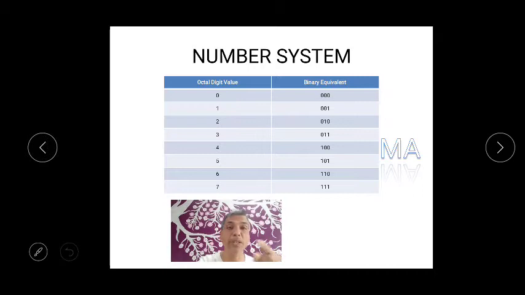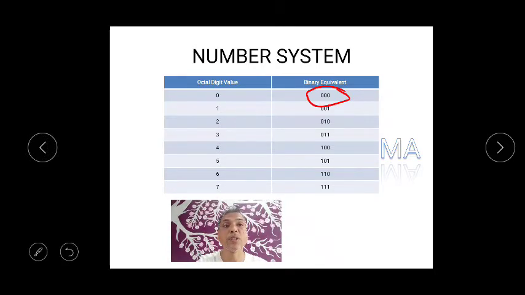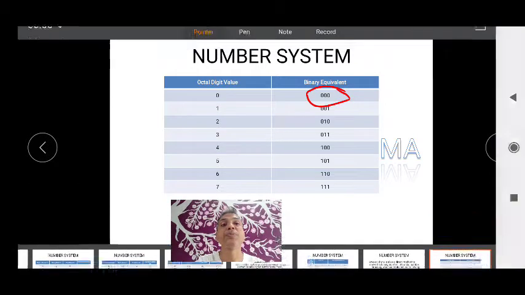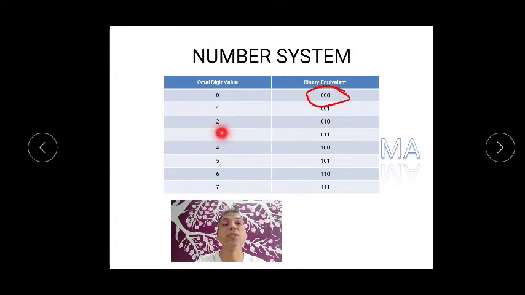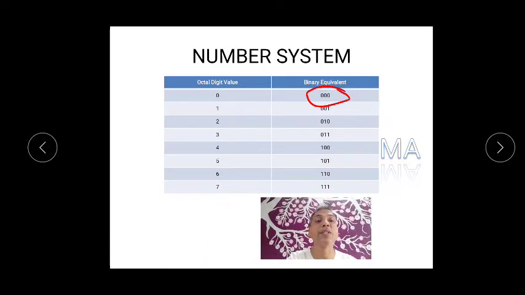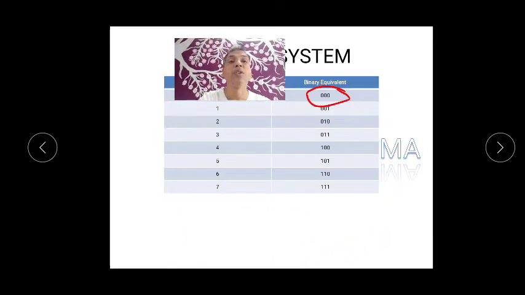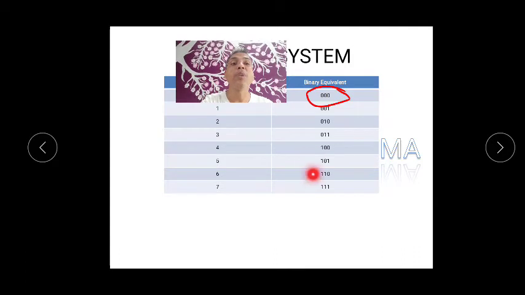So whenever you represent octal in binary, just make a group of 3. 0 will be written as 000, 1 will be written as 001, 2 will be written as 010, 3 will be written as 011, 4 will be written as 100, 5 will be written as 101, 6 will be written as 110, and 7 will be written as 111. You have to make a group of 3.